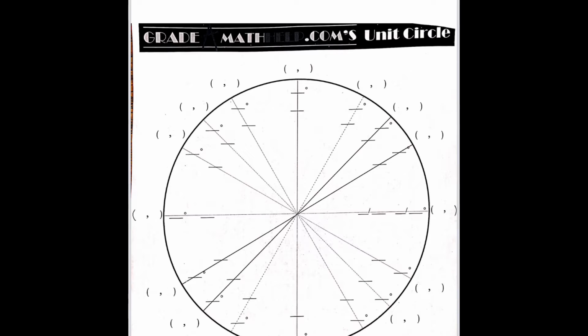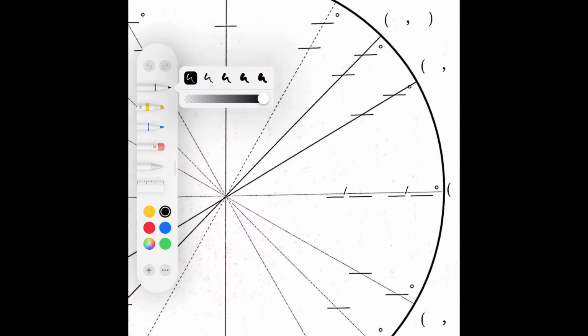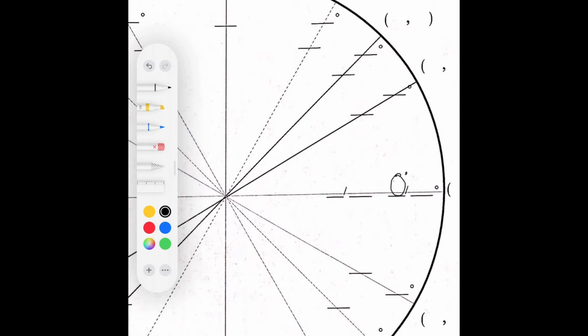Let's start with degrees. We'll start over here on the right side, and this is 0. We'll start with 0 degrees, and then we'll go up to 30 degrees, 45, 60, and 90.